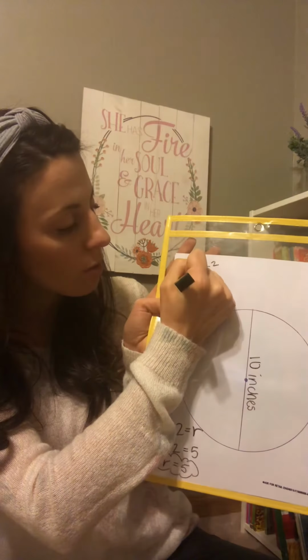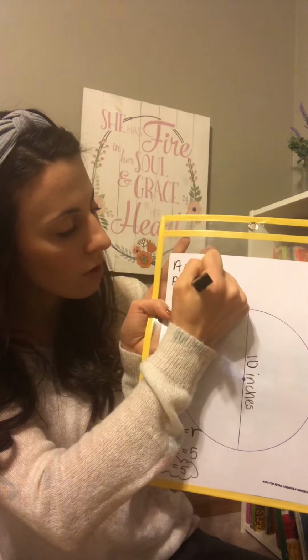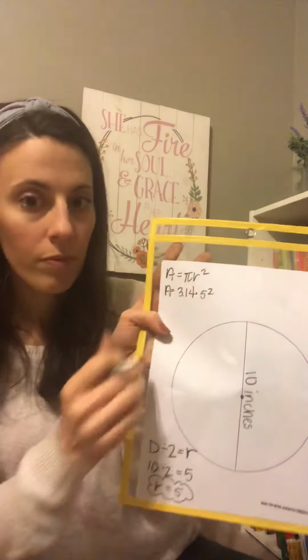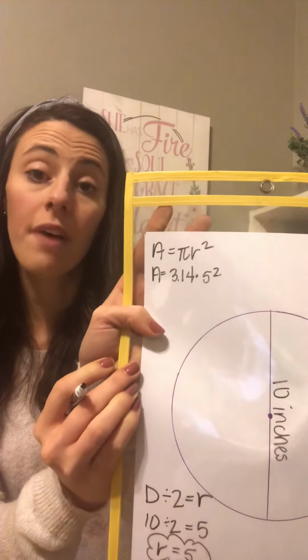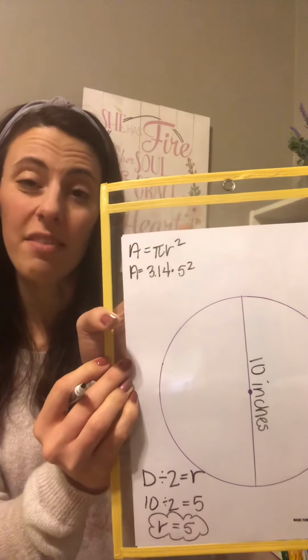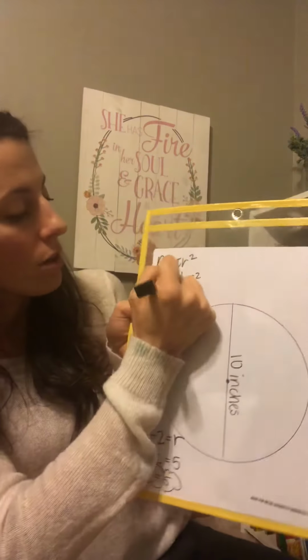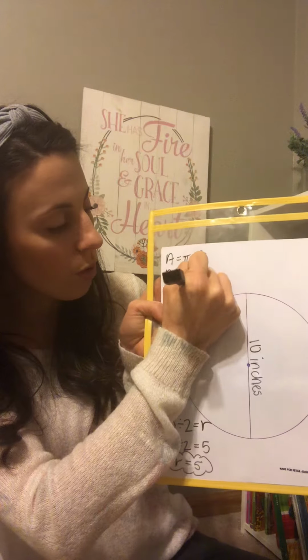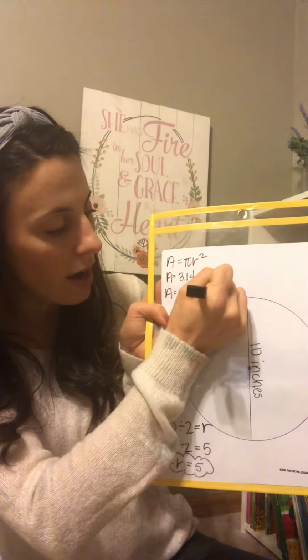So area equals 3.14 times 5 squared. We know that 5 squared is 25. 5 times 5 equals 25. So we break this down to 3.14 times 25.